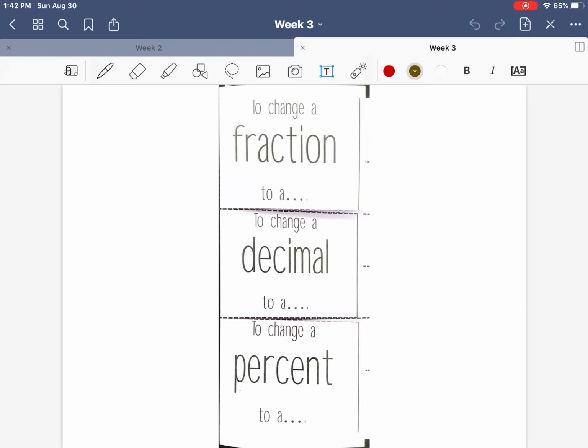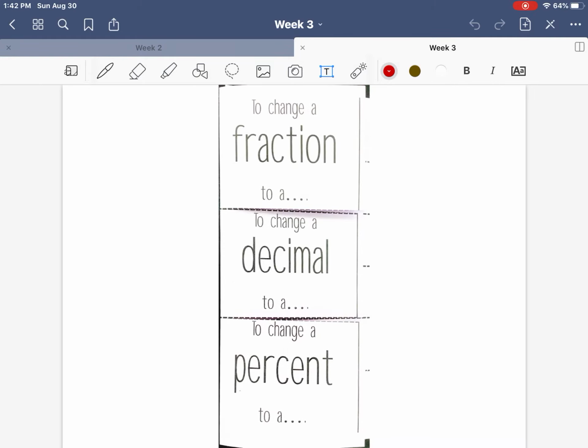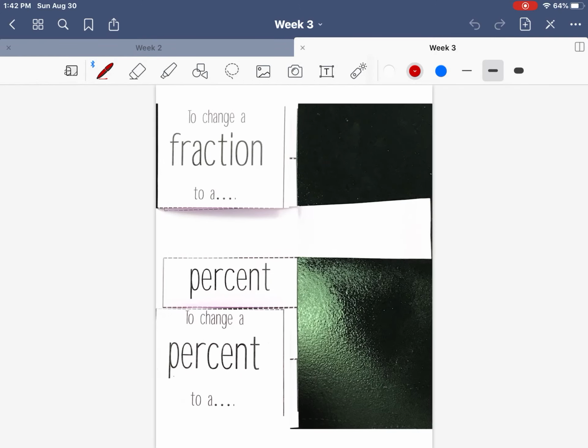So the first thing we're going to start with today is how to change a decimal into a fraction and into a percent. This whole unit that we're studying right now has to do with converting different forms of numbers into something else. All right, so get you a piece of paper, get ready to write, and we'll copy down some examples.